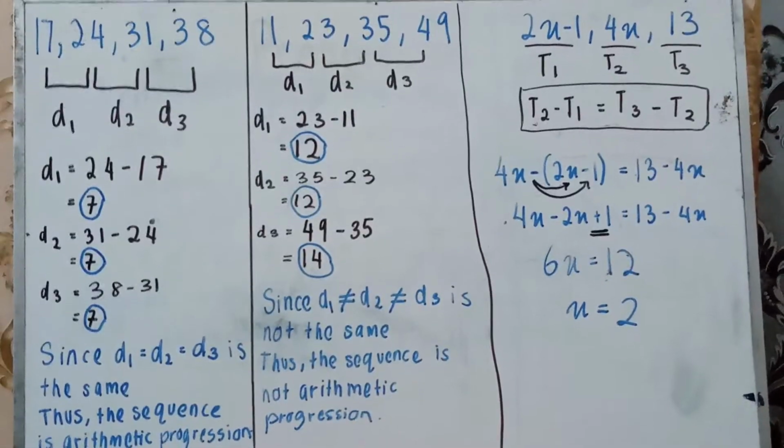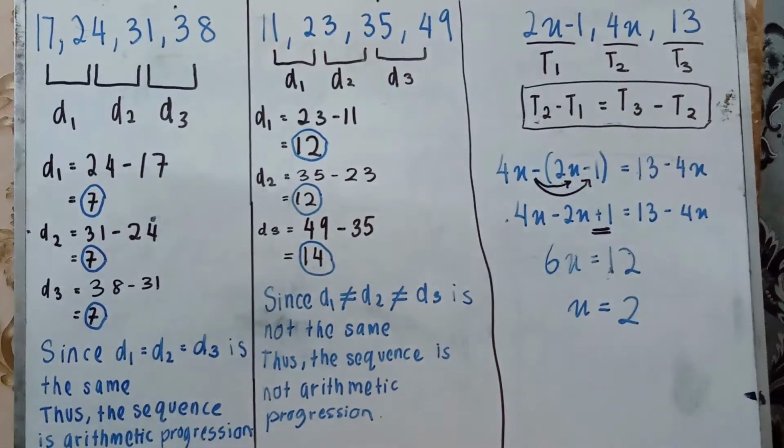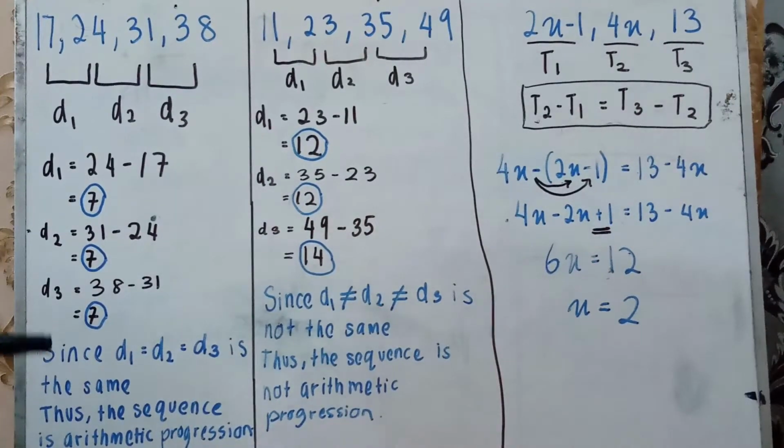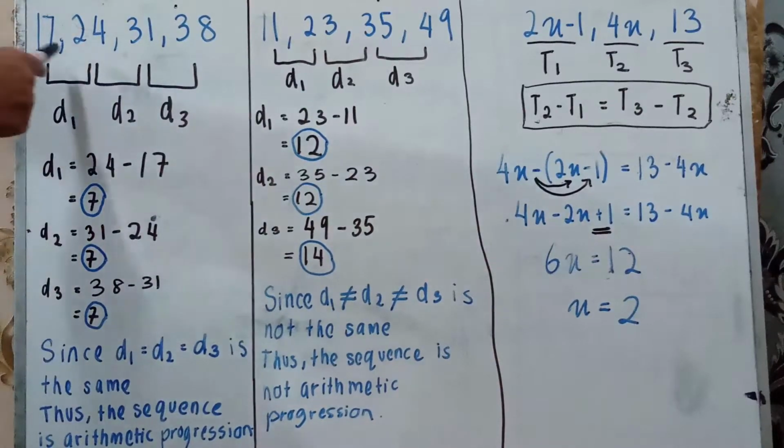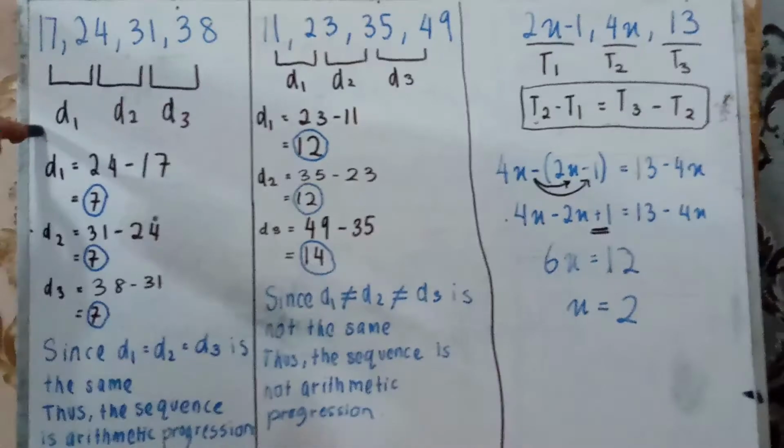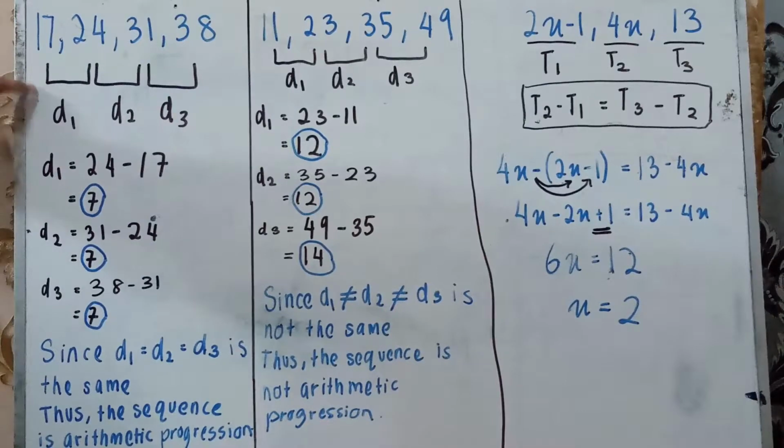For the first question, to prove the common difference is the same, we need to state one by one the d of these numbers. As you can see, we need to do it like this to make sure that we are not careless.